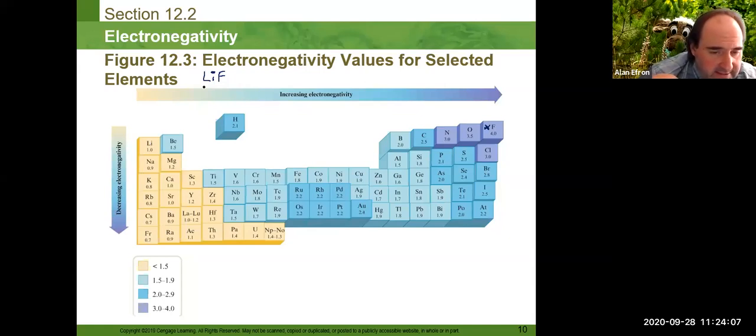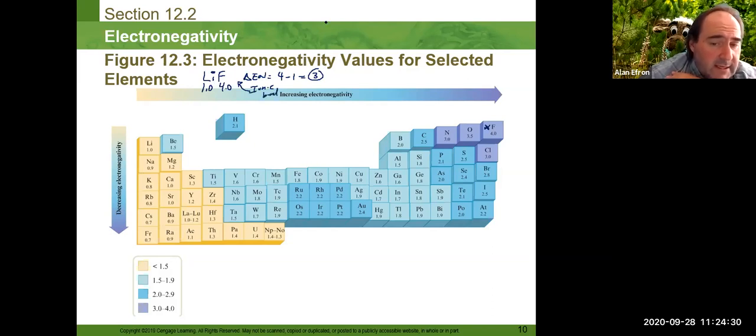So lithium has an electronegativity value of 1, fluorine has an electronegativity value of 4. If you take the difference in electronegativity, that is 4 minus 1, which is a value of 3. 3 is above 2, which means we would expect this to be an ionic bond.